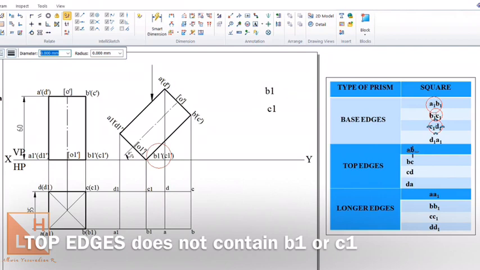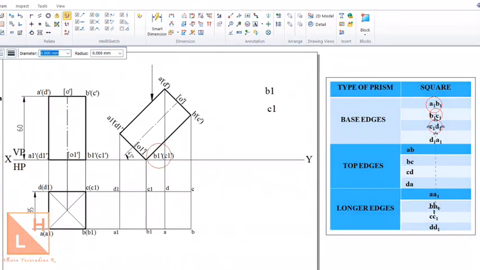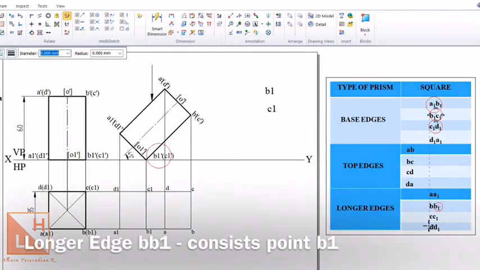AB, this also does not contain either of B1 and C1. Now remember, B1 is different and B is different, do not get confused. So here we are finding B1 and C1, which does not exist here, does not exist here, does not exist here. A1 does not exist here. B1, so here we have the point B1. So identify and highlight this as a hidden edge.